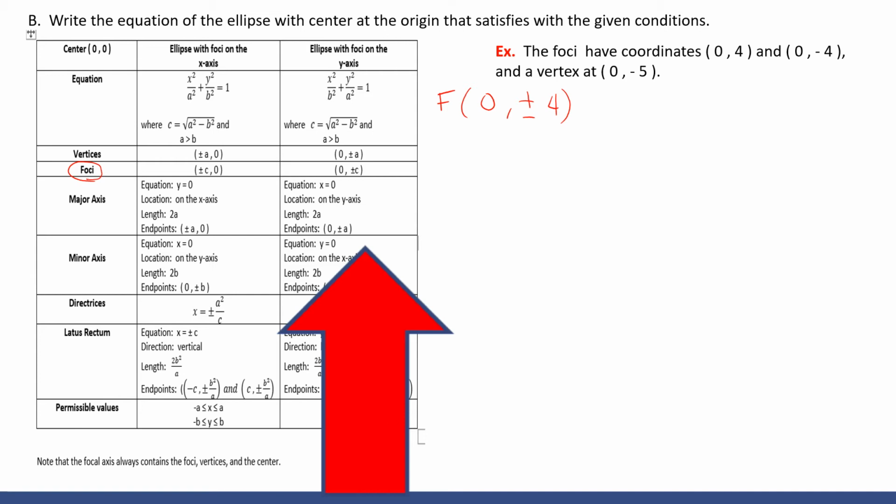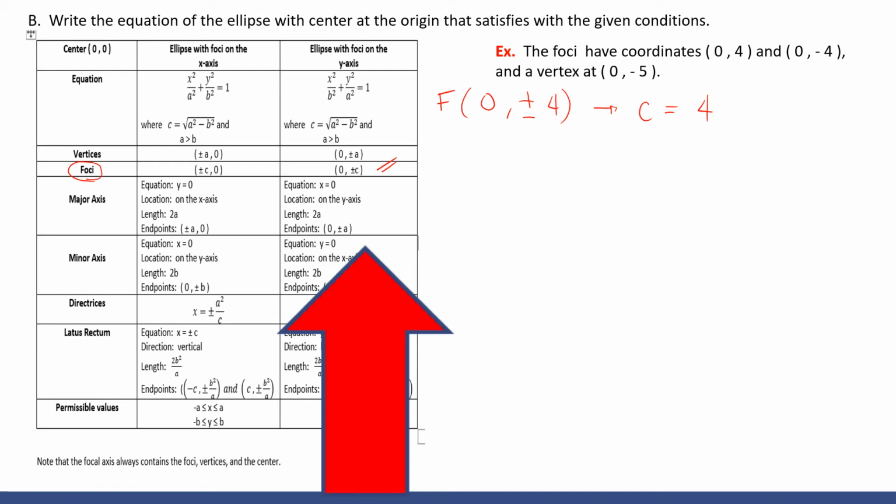Samantala, doon sa pangalawang pattern is 0 plus minus c. Obvious that we can apply this pattern 0 plus minus c. Ibig sabihin, if the given foci ay 0 plus minus 4, lumalabas na ang ating value for c ay what? 4. Tama? Kasi our pattern is from 0 plus minus c.